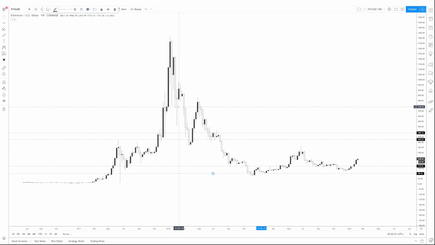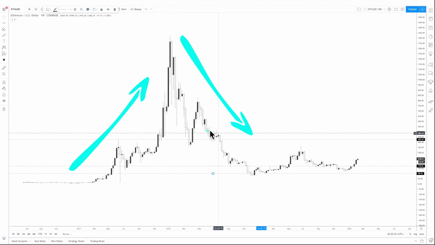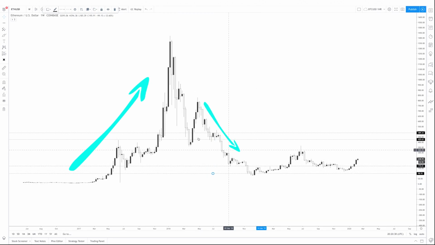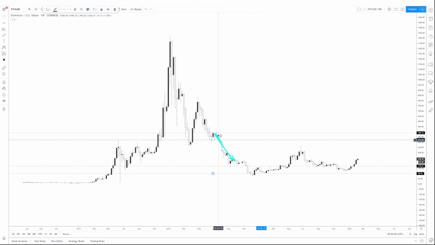And so it's important to understand that the markets you're looking at are either going to be in an uptrend, a downtrend, a range-bound market, and both expansion and contraction or continuation from a consolidation zone can occur.